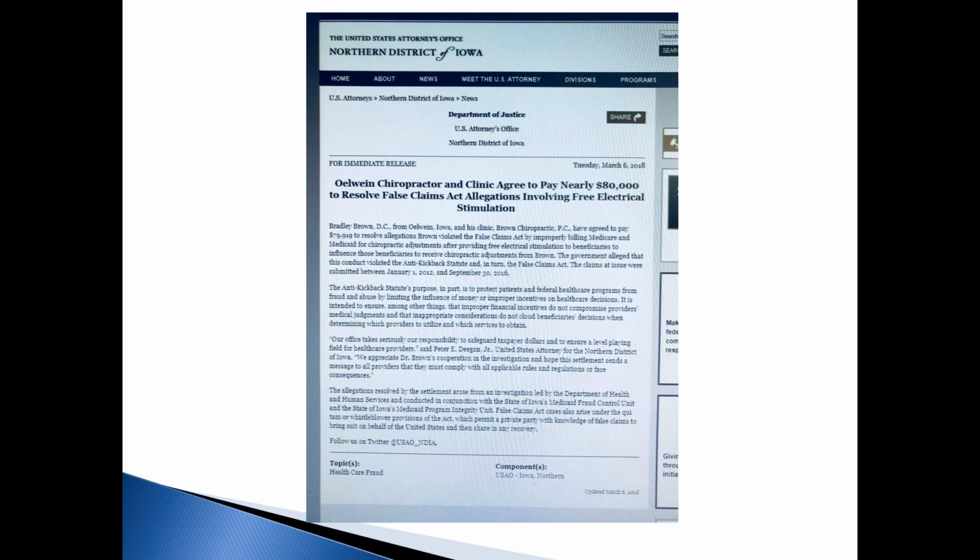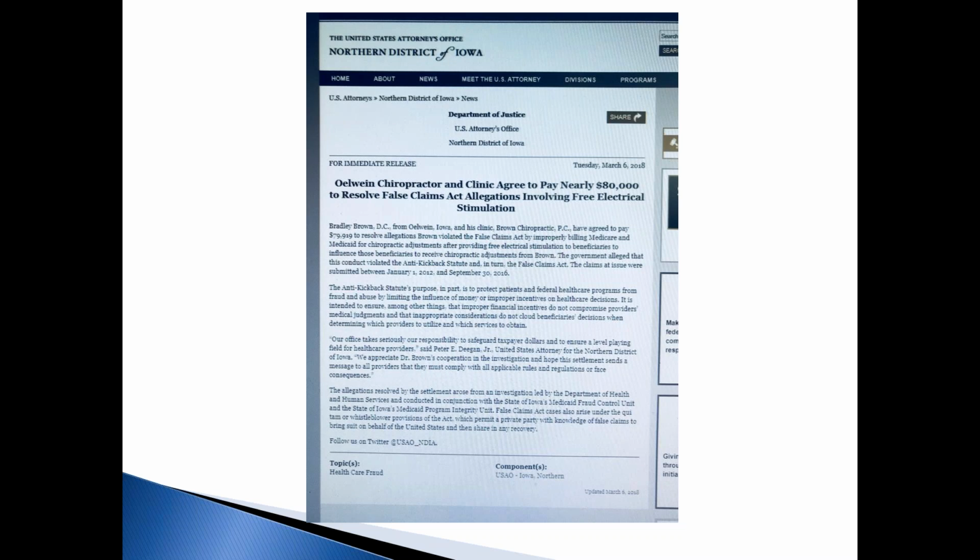Well, this doctor got in big trouble. This doctor gave away free electrical stim to his Medicare patients, and he was fined $80,000. Doctor has agreed to pay $79,919 to resolve allegations he violated the False Claims Act and the Anti-Kickback statute by improperly billing Medicare for chiropractic adjustments after providing free electrical stim to influence those patients to receive chiropractic adjustments.